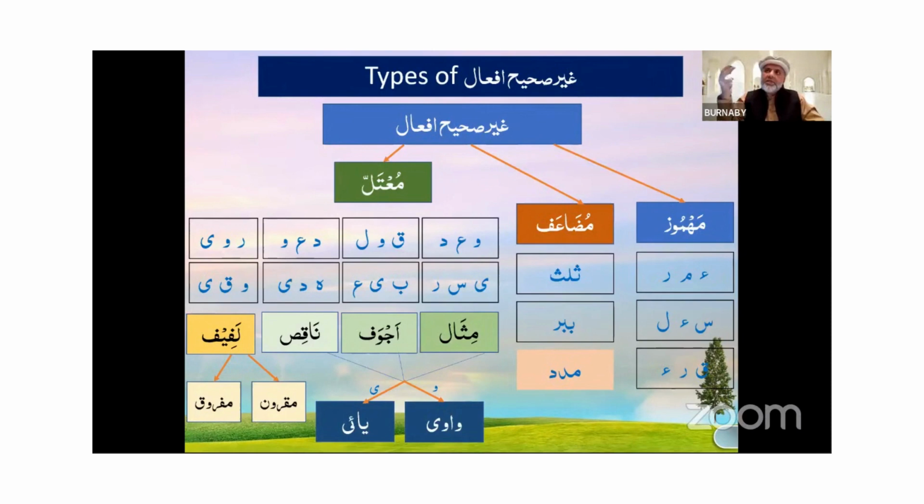Muda'af is a letter which is repeating itself. It could be right next to each other, or it could be at the end, or it could be separated by some other letter in between. Agree? Okay. So inshallah, we are still building our mental blocks. This is not the first time we are doing this. We will continue to do this until we are 100% comfortable with it. Agree? Good. Alhamdulillah.